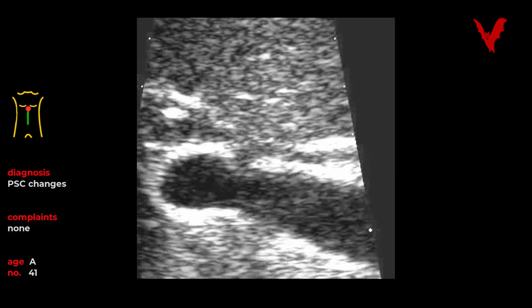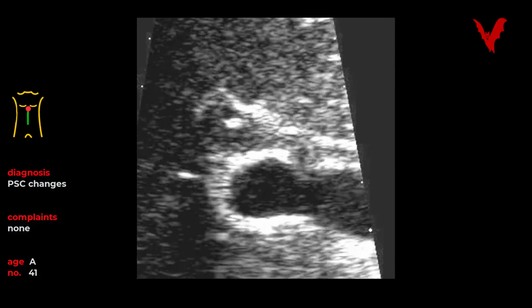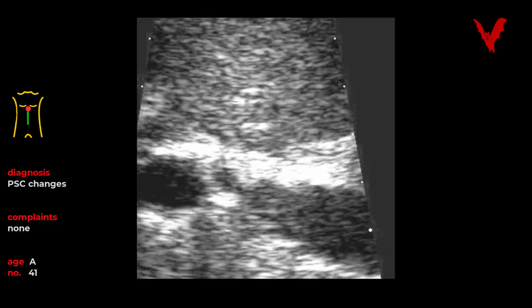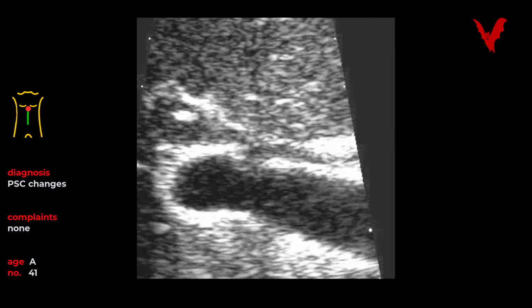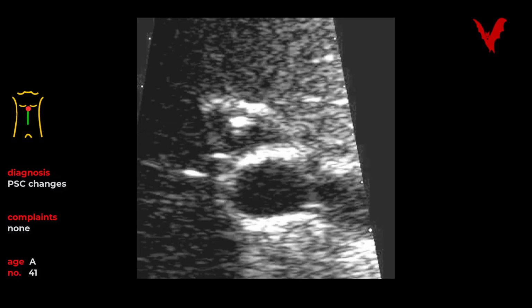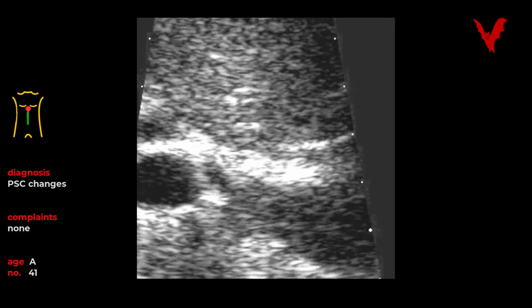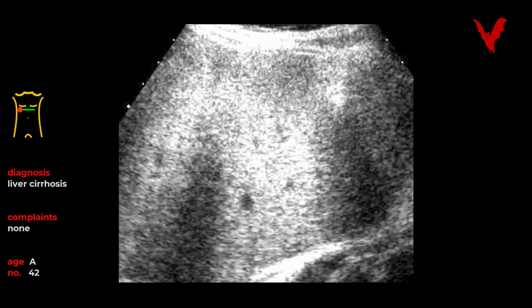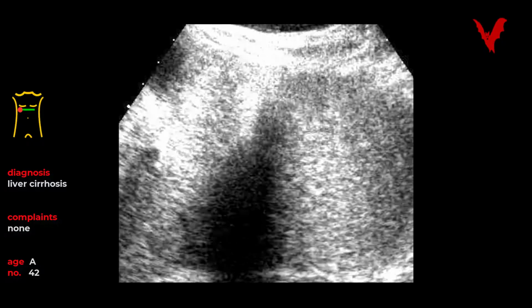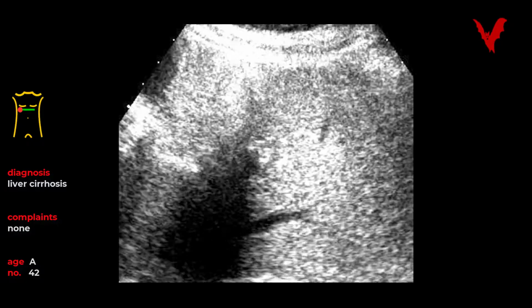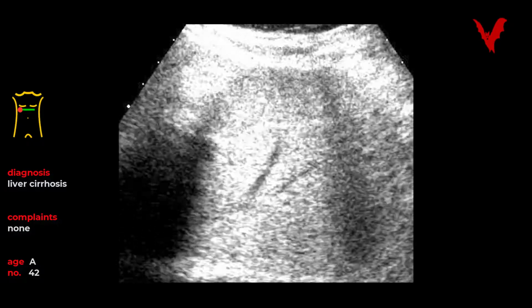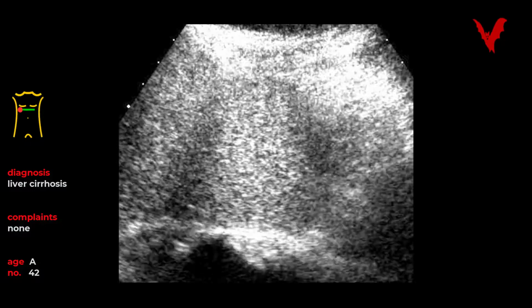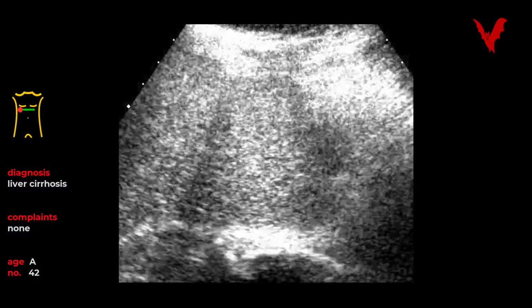And in PSC, changes are demonstrated as well in figure 41. Consistency in figure 42 is significantly reduced when regarding heartbeat effects against the liver lobe.